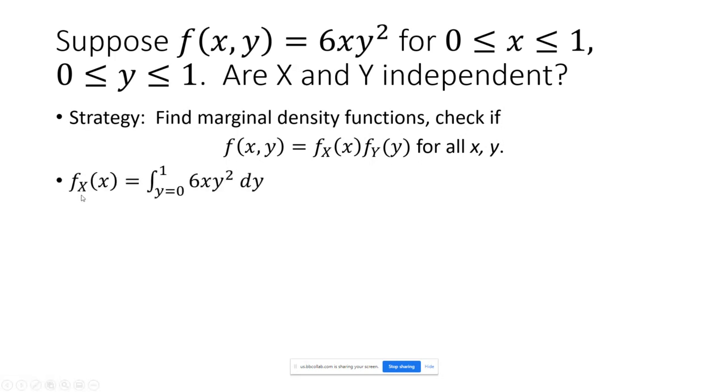So our marginal density function for x is going to be the integral of our joint density function over all possible values of y. Remember, we're integrating over the other variable. And that turns out to be 2x.